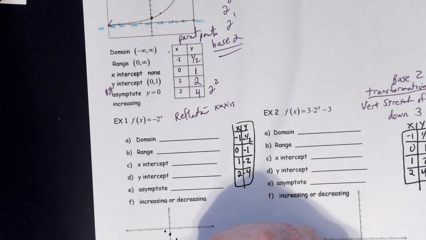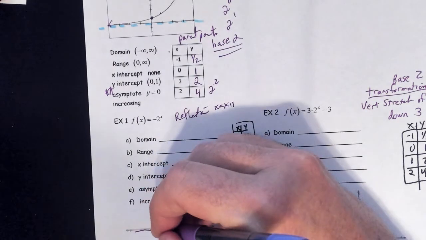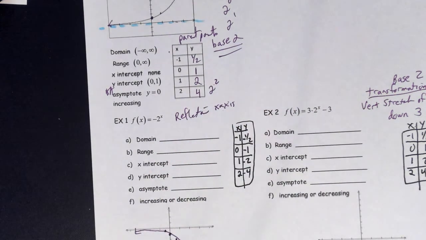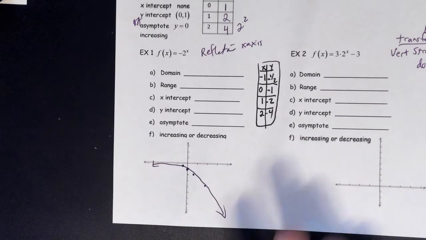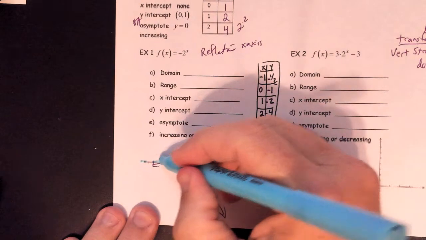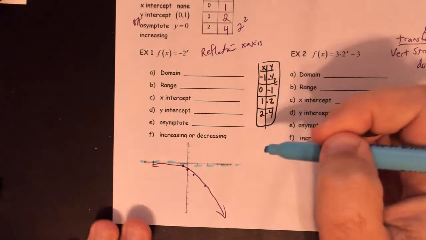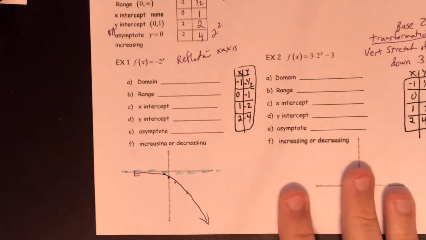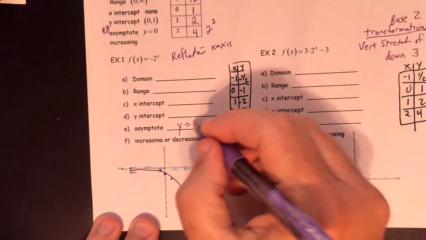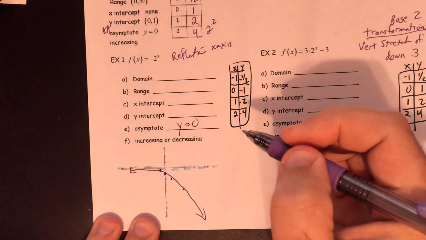Make sure I get it in here. And notice it's going to look something like this. Well, where's my horizontal asymptote? Well, did I make a move up and down? No. So my horizontal asymptote is still going to be here. So what things can I tell from here? Well, horizontal asymptote is still at y is equal to 0.